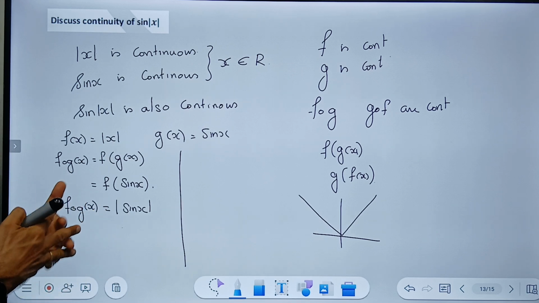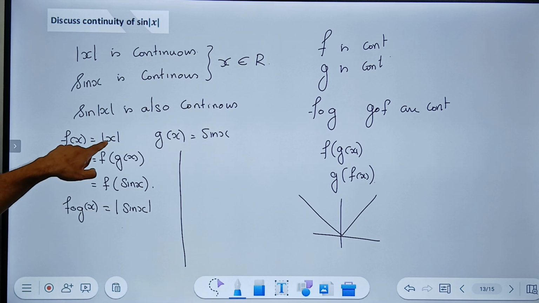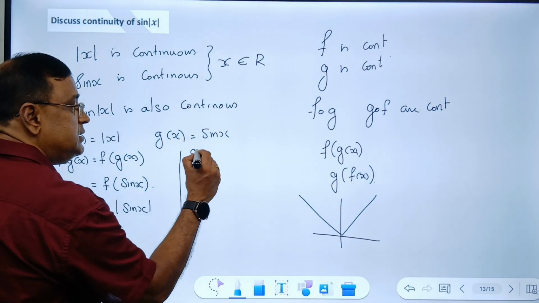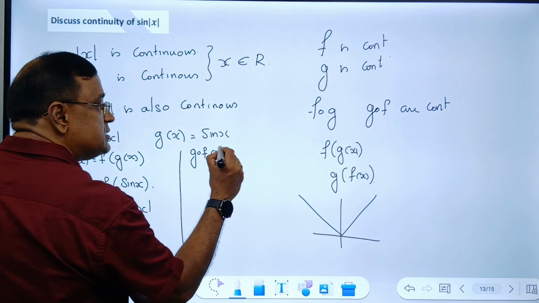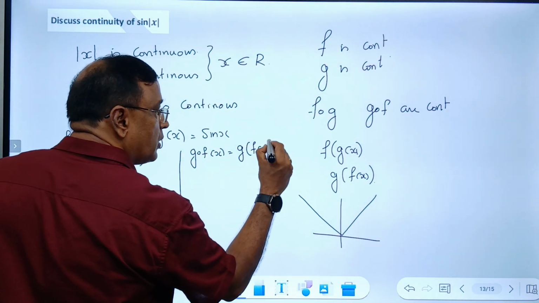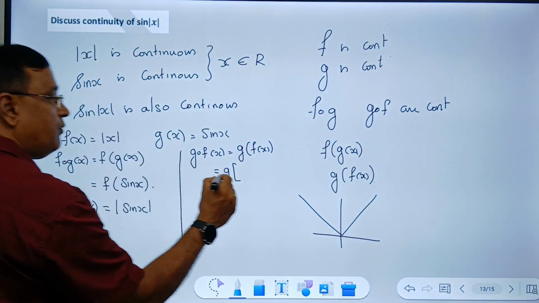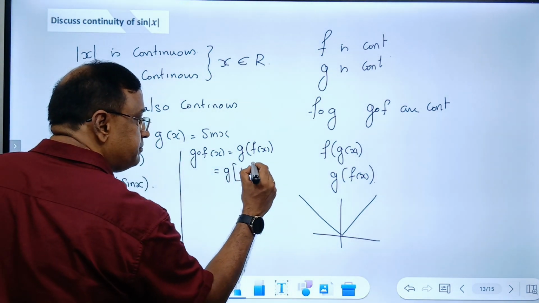Composition means combining two functions. This is one composition function I get from modulus x and sin x. I can get another one. What is that? G circle f of x. It is defined as g of f of x, which is g of, what is f of x? My f of x is modulus of x.